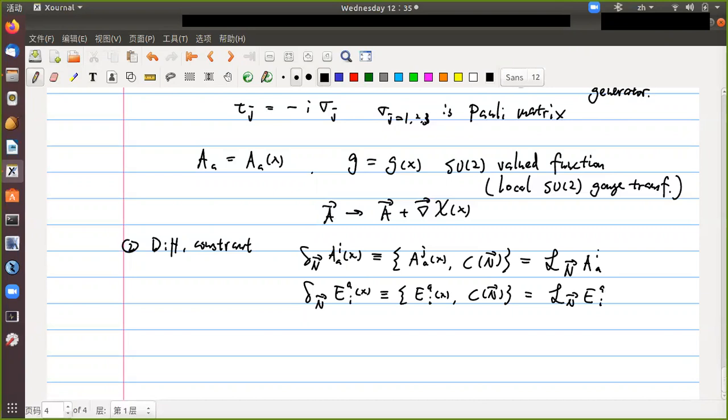Similarly for the Hamiltonian constraint: if you use the equation of motion, and if you have done the previous homework you understand what I mean, you should get a normal Lie derivative with respect to the hypersurface.